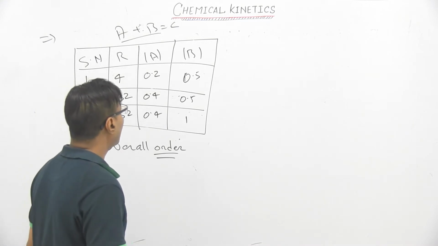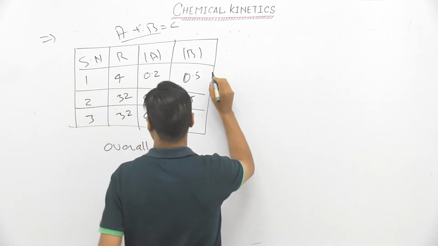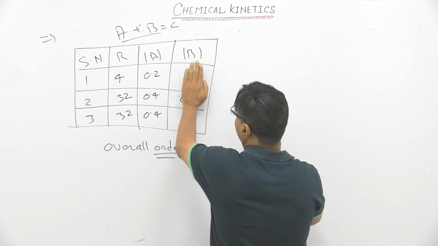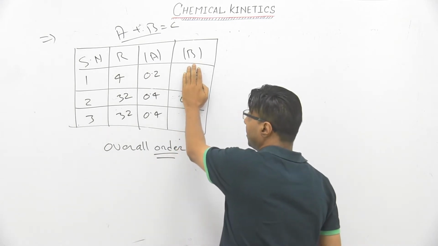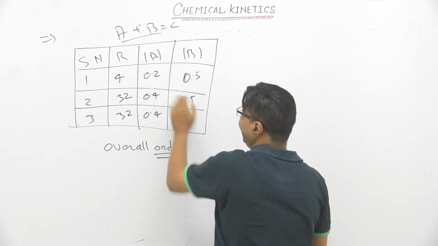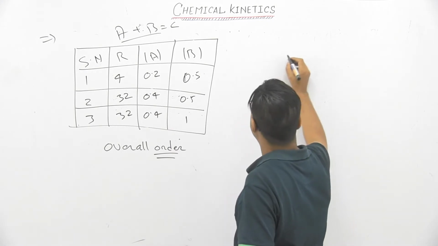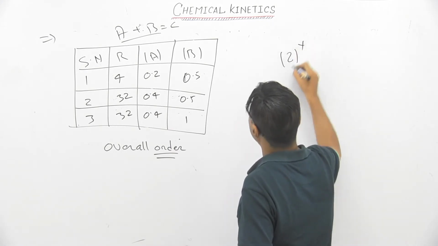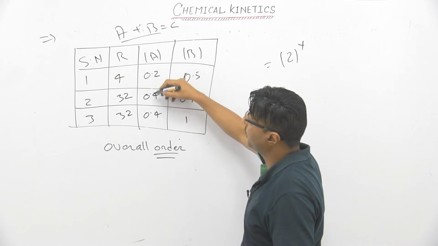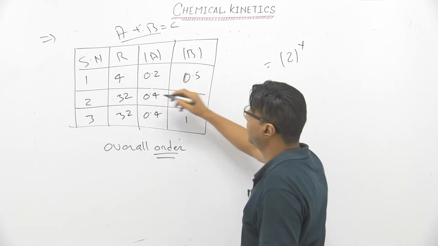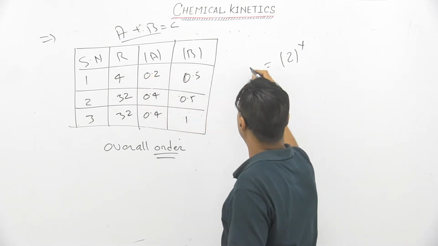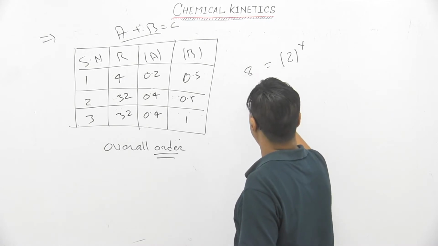So here, remove this constant parameter. What is the change in A? It is 2 raised to power x, because 0.2 to 0.4, it's twice. 32 by 4, it's 8. So what is the value of x? x is equal to 3.